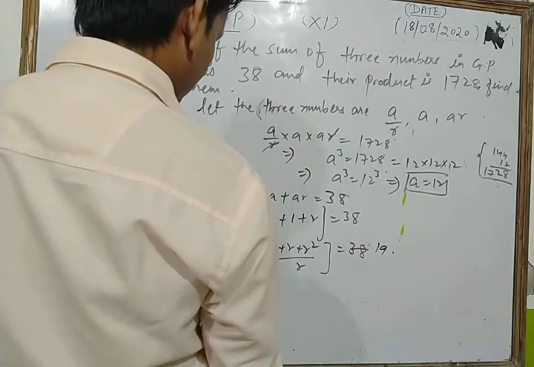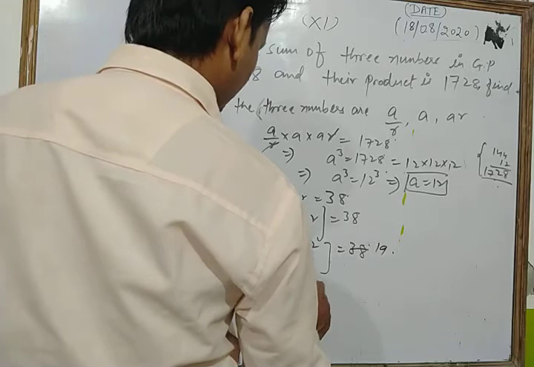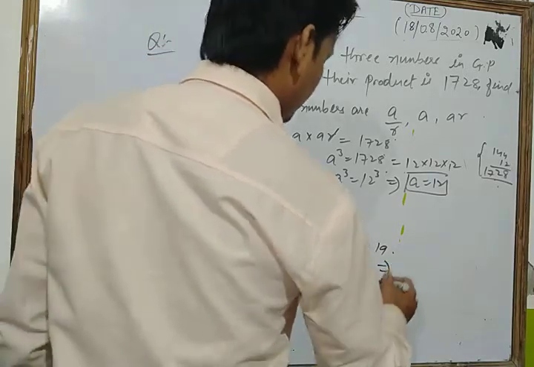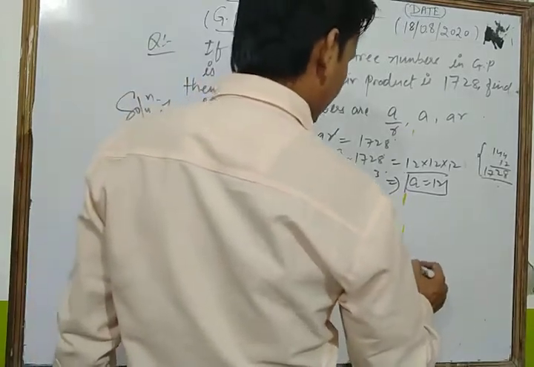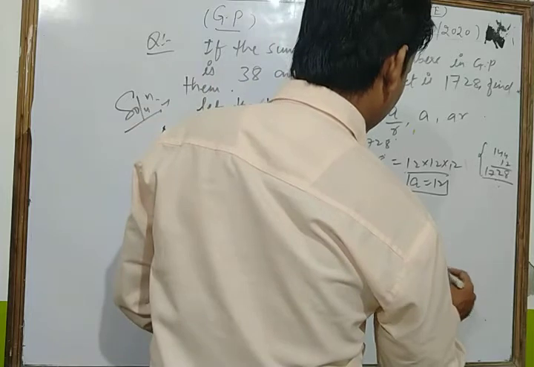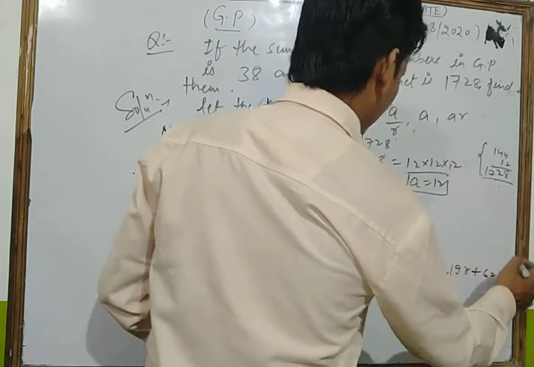So we cross multiply: 6 plus 6r plus 6r square is equal to 19r. So dear student, we have 6r square plus 6r minus 19r plus 6 is equal to 0.